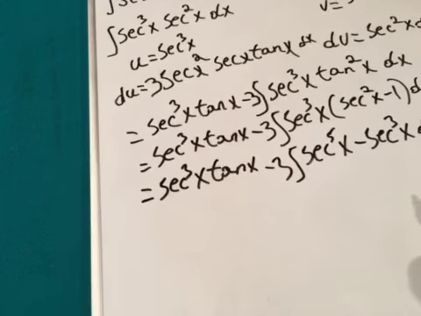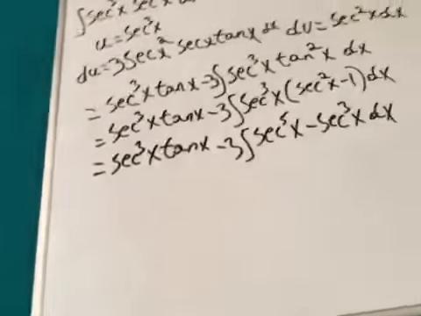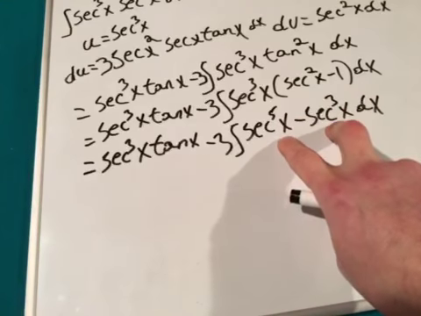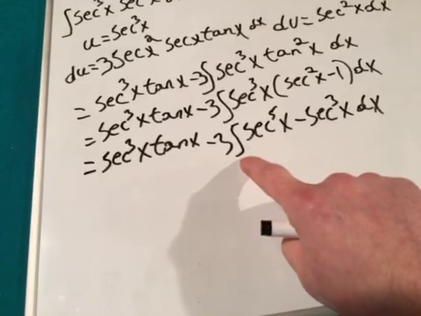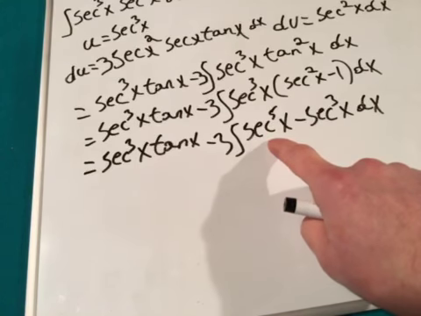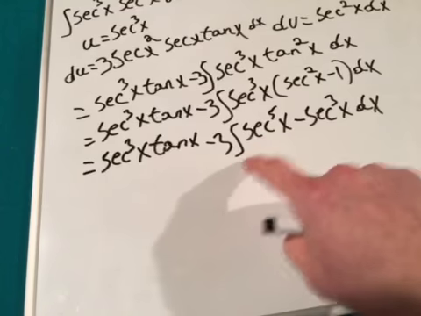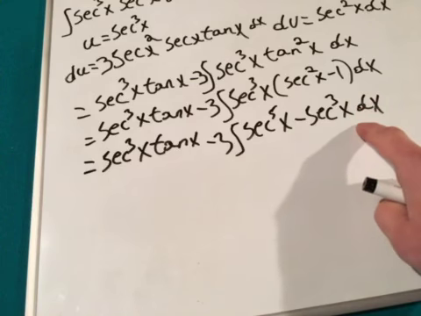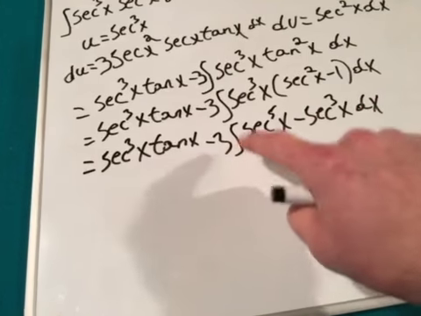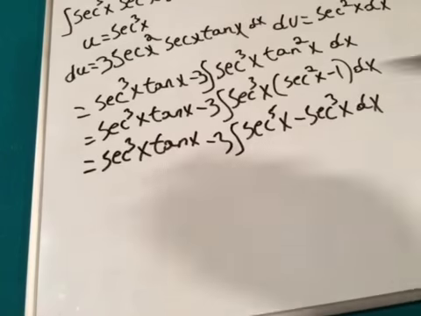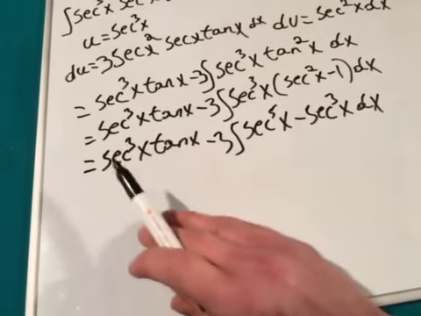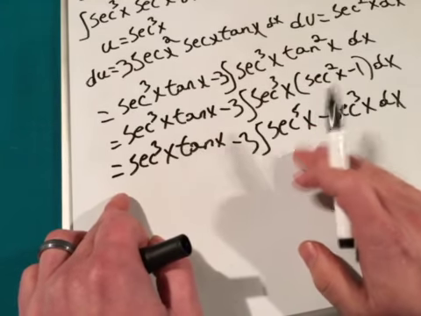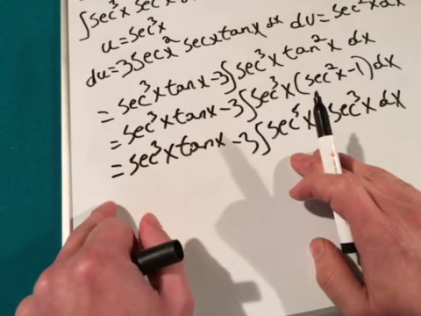Okay, here we go again. Look at this. This can be split into two integrals. We have minus 3 times the integral of secant to the 5th, and then plus 3 times the integral of secant cubed, since minus 3 times a minus 1 is plus 3. What is this all equal to? This is all equal to secant to the 5th. So we can just add these 3 secant to the 5th to the 1 that's over here.